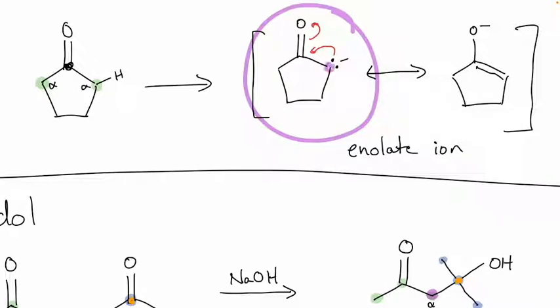Because it's this carbon here that's going to form a new bond. Okay? So again, given an aldehyde or ketone, we need to be able to draw both resonance structures of our enolate ions. But when it comes to figuring out the product of our aldol reactions, this form here with the carbon that has the negative charge is going to make it much easier to see what's going on in our reaction.